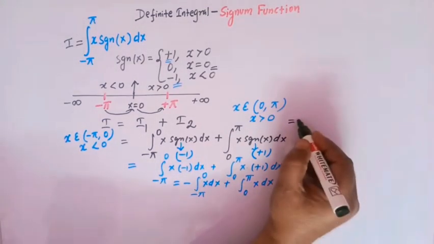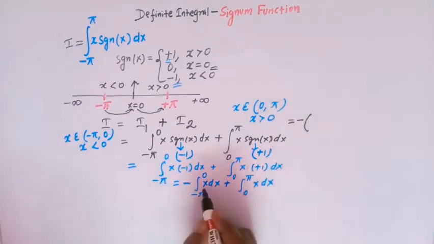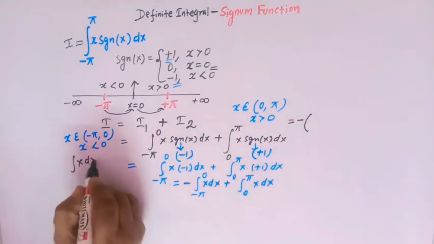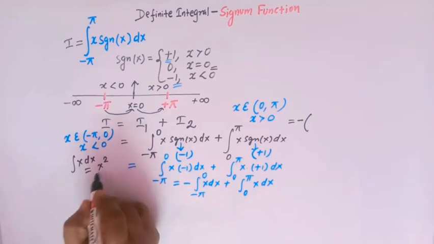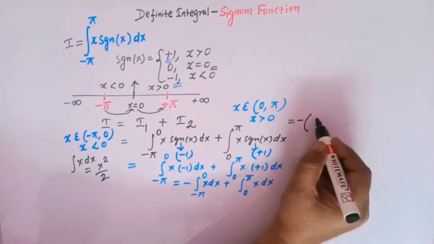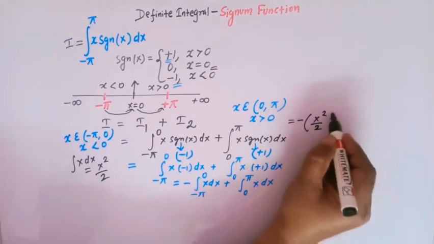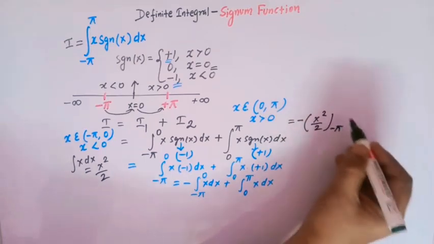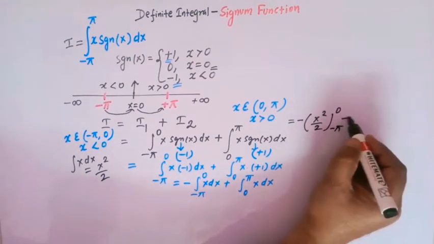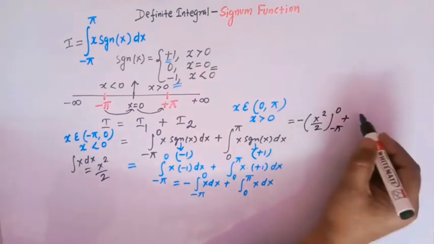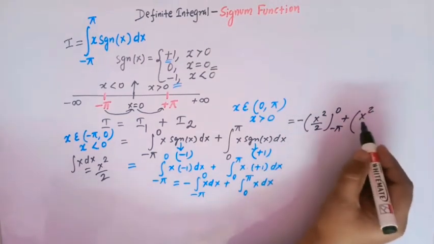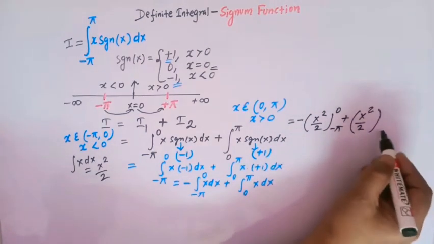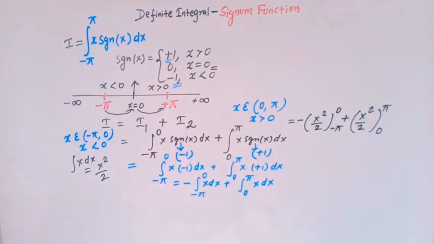So we have minus, and the integral of x is x square over 2, so we have x square over 2 with limits from minus pi to 0, and again x square over 2 with limits from 0 to pi.